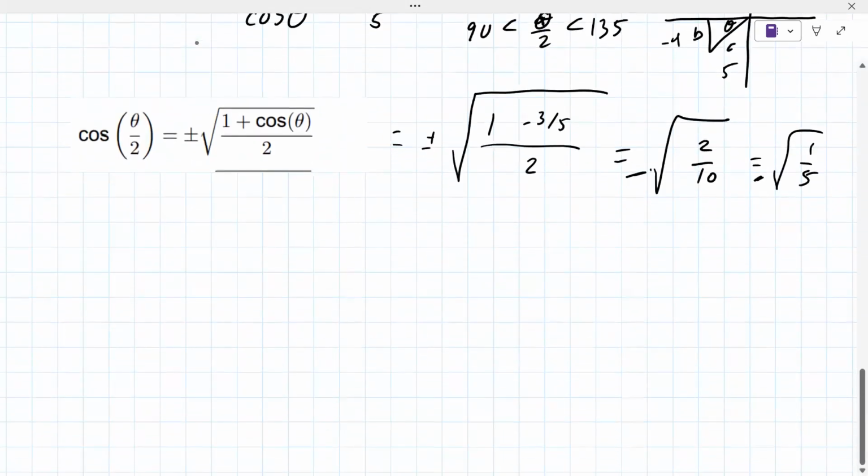Now, do you remember how to rationalize or reduce the square root of 1/5 like this? Would that not be the answer? I mean, it is, but it isn't.